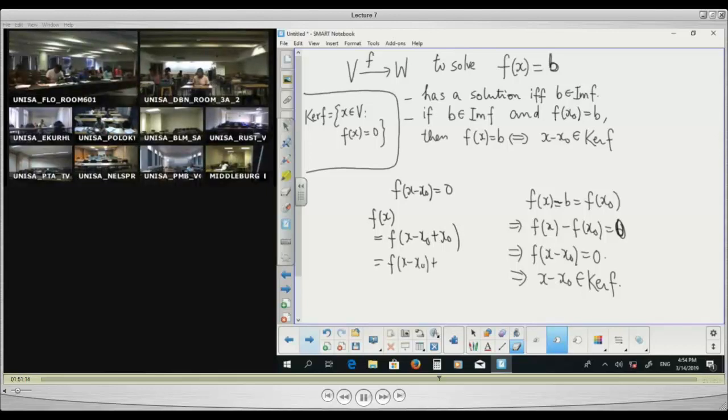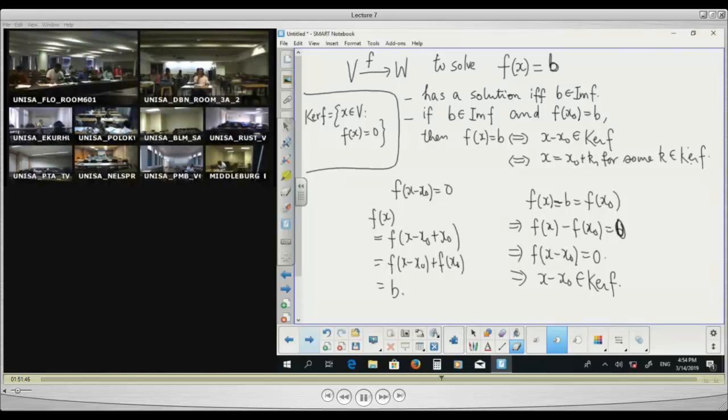So that means x is equal to x naught plus k for some k in the kernel of f. Right? That's exactly it. If k is in the kernel, then x minus x naught is in the kernel. So that's what you say.